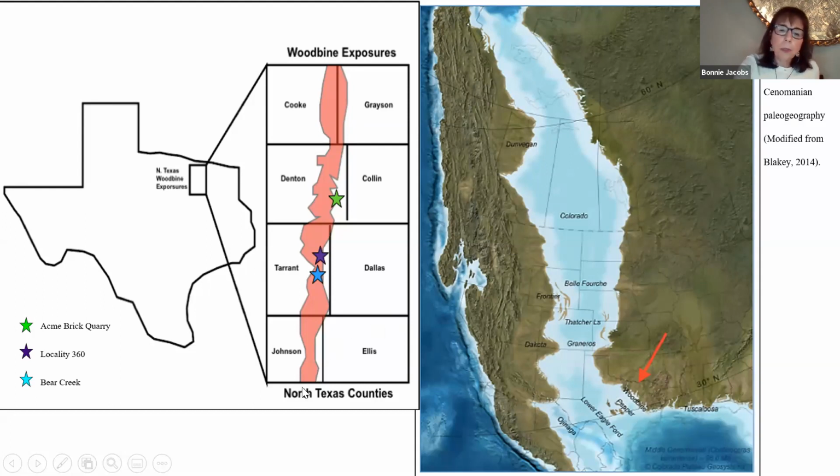Consequently, the Woodbine Formation rocks now crop out in a band that's located here across these counties. So here we are in Dallas County, and they crop out a little bit in Dallas County, but mainly in this region here. So Marley sampled in these three places: Bear Creek, locality 360, and the ACME Brick Quarry, which I just showed you.